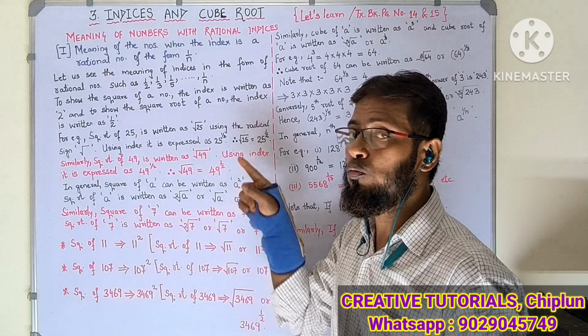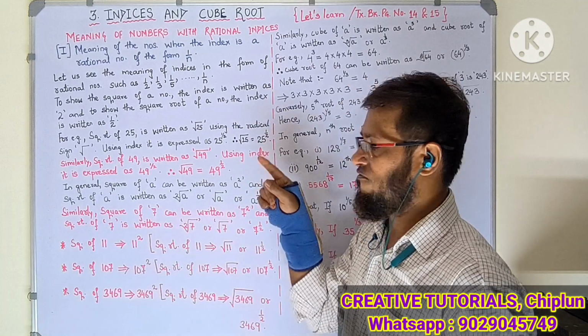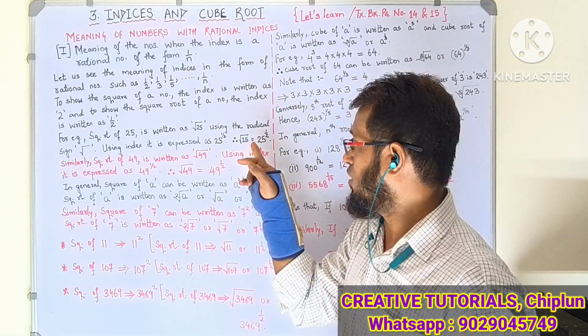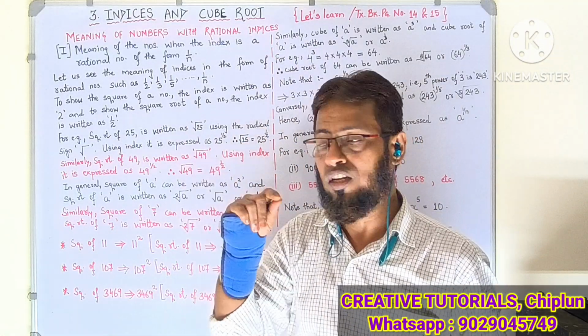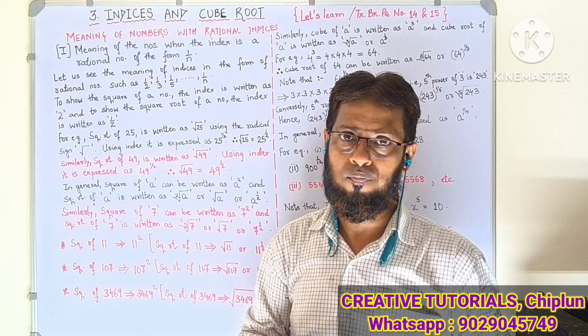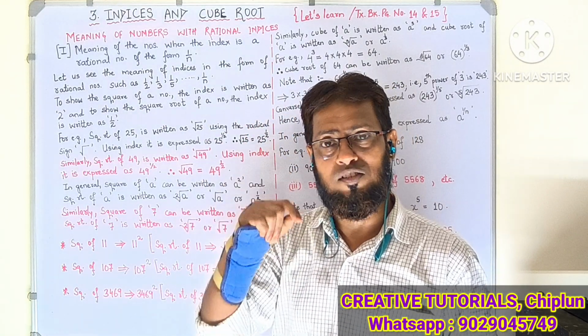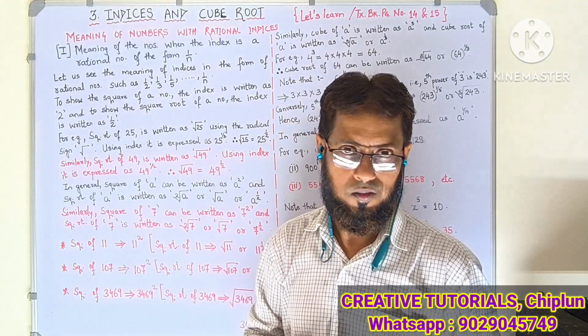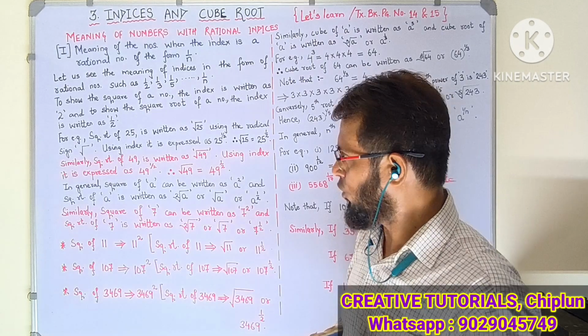If this had been the cube root, it would have become 25 raised to 1 upon 3. If it had been the fourth root of 25, it would become 25 raised to 1 upon 4. If it had been the fifth root, it would become 25 raised to 1 upon 5, and so on. Okay, I hope this is very well understood.